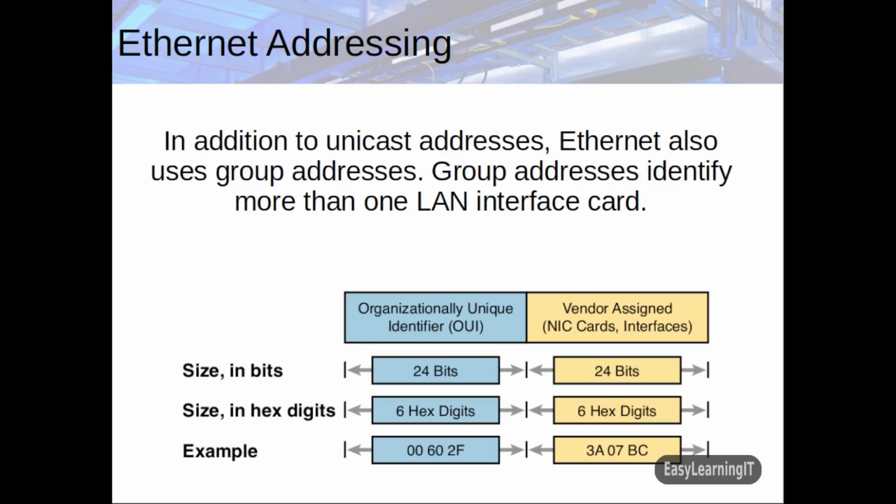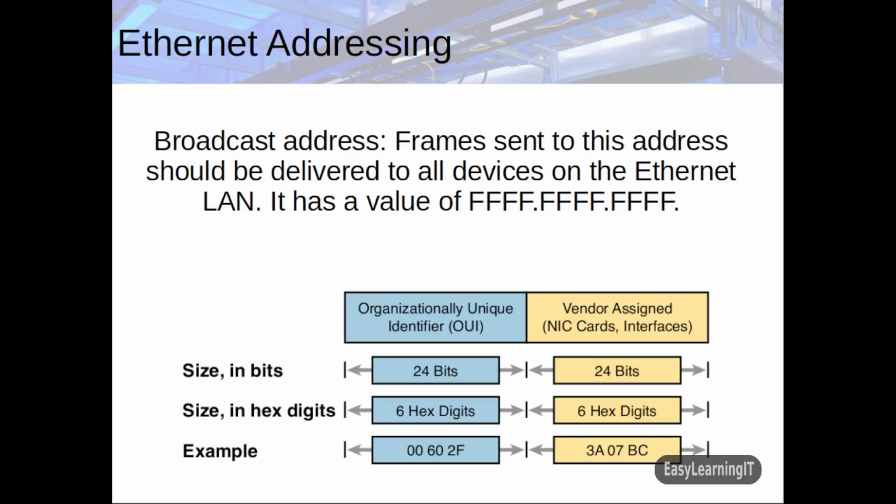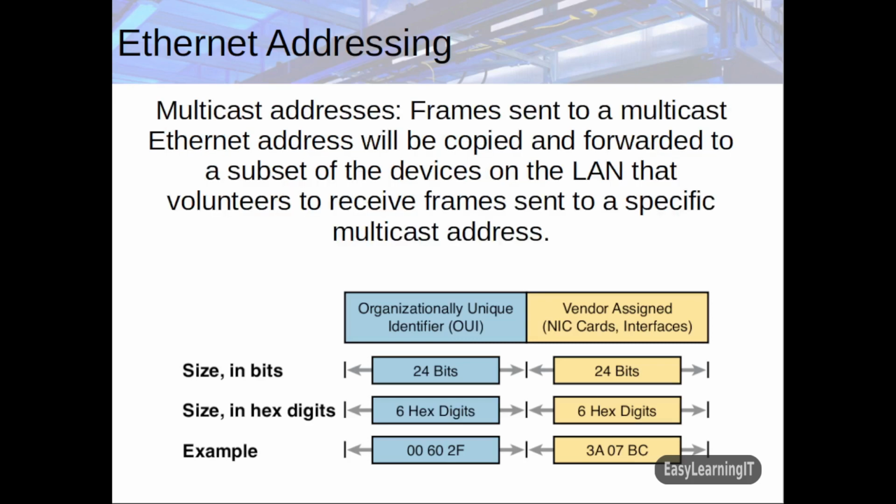In addition to unicast addresses, Ethernet also uses group addresses. Group addresses identify more than one LAN interface card. Broadcast address: frames sent to this address should be delivered to all devices on the Ethernet LAN. It has a value of FFFF.FFFF.FFFF.